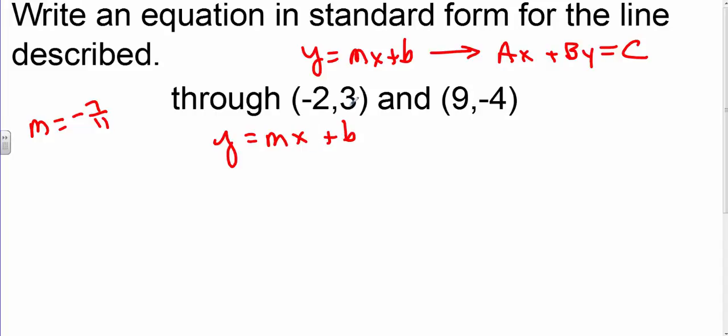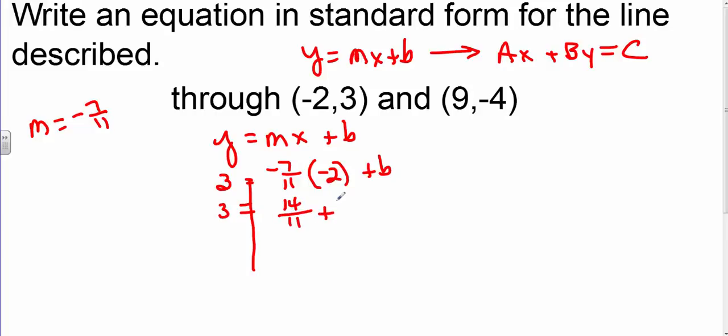3 is the y coordinate, so we go 3 is equal to m, which is negative 7 elevenths, times x, which is negative 2, plus b. Draw a line. 3 is equal to negative times negative gives you positive 14 elevenths plus b.